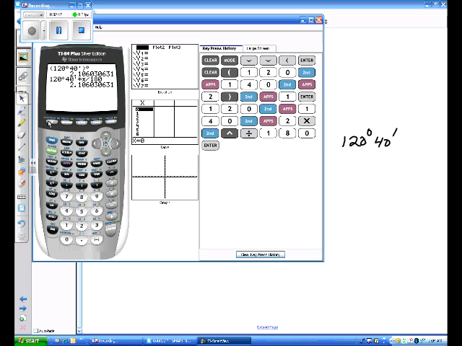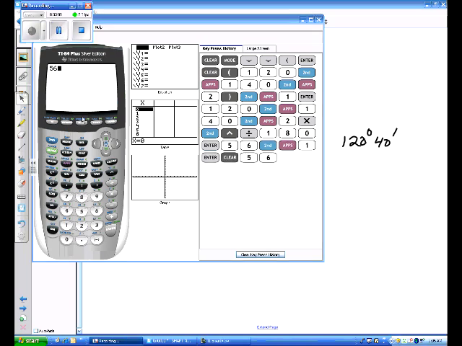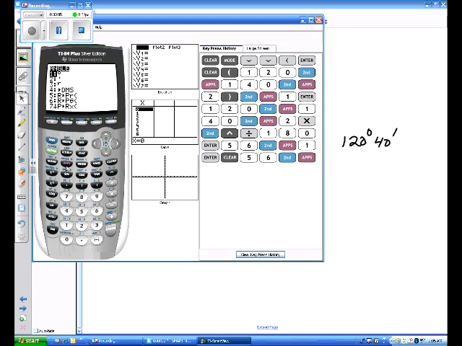So if we wanted to change 56 degrees, we'll put 56 degrees, and then we just press enter, and it changes it. We had to do the parentheses on the last problem because it had degrees and minutes.